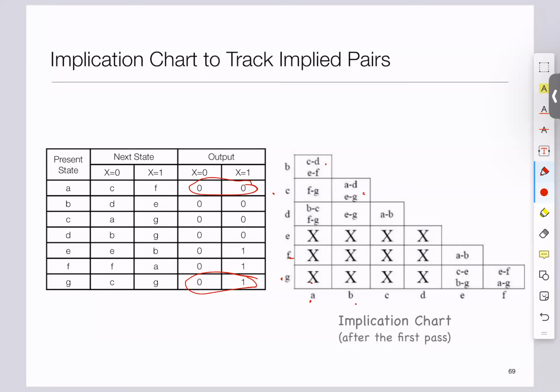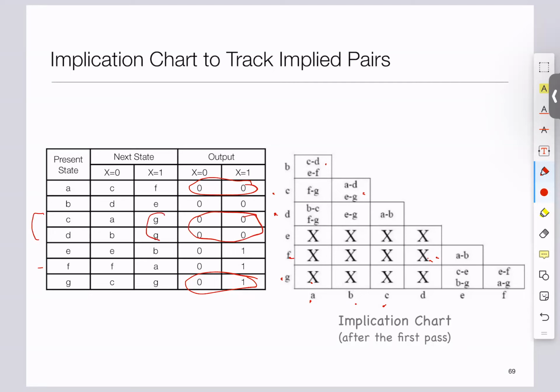Let's verify F and D. F is 0, 1 and D is 0, 0. Can't be. So that's why you have an X. So there's a bunch of X's that rule out some pairs. And then for the remaining pairs, we give the condition under which they can be equivalent. So let's look at D and C. They have the same output, so that's good.